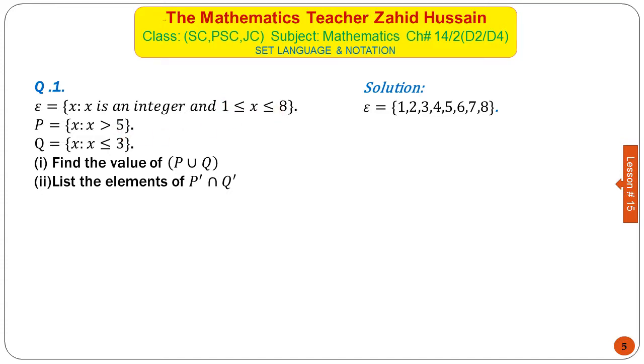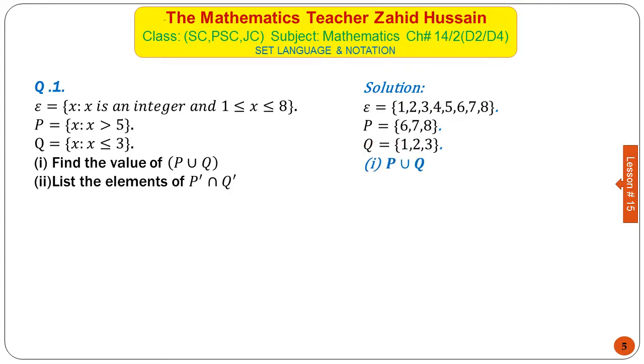Similarly, P such that x is greater than 5, so all the elements of P are within the universal set and they are greater than 5. So greater than 5 in the universal set are 6 7 and 8. Similarly, Q is the set of all x such that x is less than or equal to 3. So 1 2 3, from the universal set we have taken the elements of set Q.